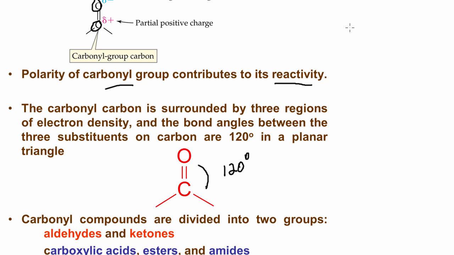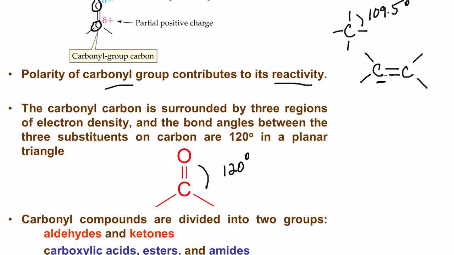Remember our alkanes, where you have a carbon bonded to four hydrogens. These bond angles are 109.5 degrees, and that makes the carbon in an alkane a tetrahedral carbon. And then we talked about the alkenes, so we have this double bond between the two carbons. Let's look at this carbon here.